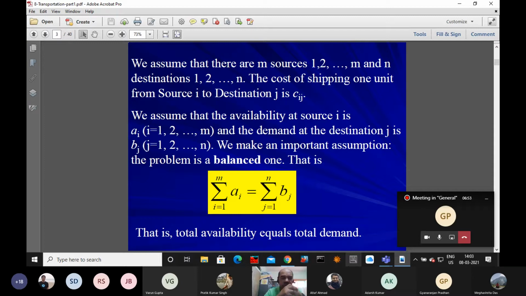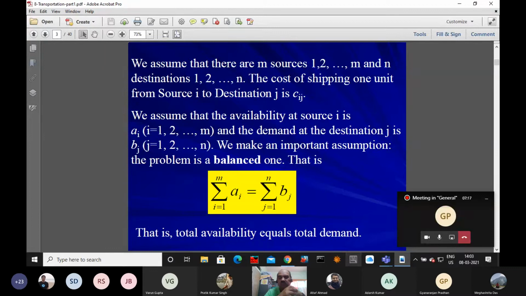The cost of shipping 1 unit from source i to destination j is Cij, which is generally positive. We assume that the availability at source i is Ai, where i varies from 1, 2, 3 up to m, and the demand at destination j is Bj, where j varies from 1, 2 up to n.